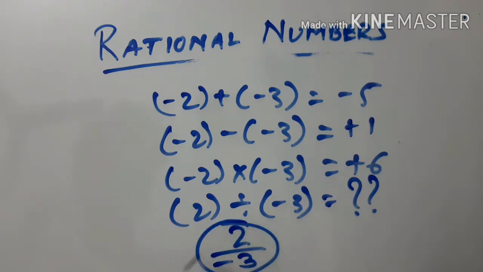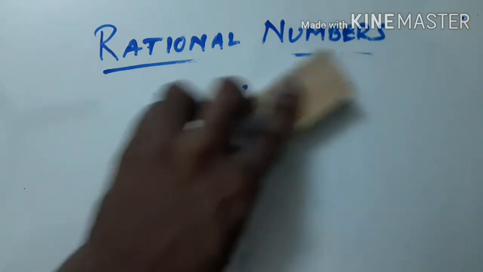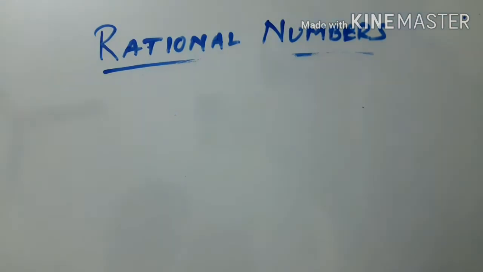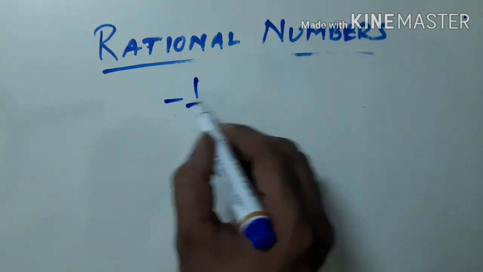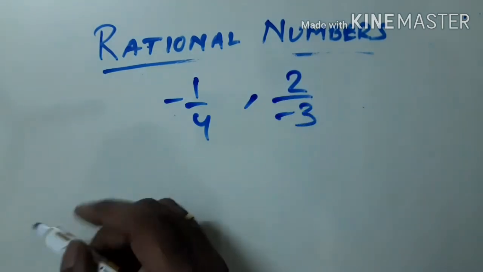Now what are these numbers called? Here we will learn about these types of numbers like minus 1 by 4 and 2 by minus 3.